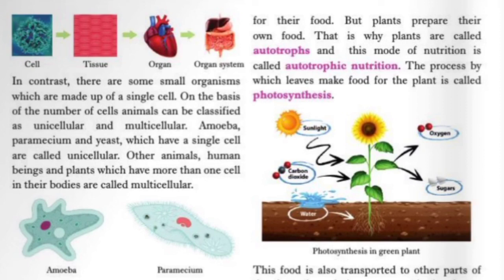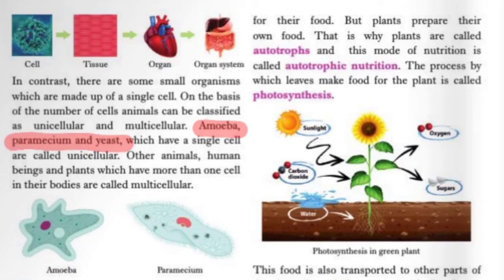Among the unicellular and multicellular, we have certain examples. The amoeba, paramecium, and yeast have a single cell, so they are called unicellular. If you are asked for examples of unicellular organisms, you can give amoeba, paramecium, and yeast.